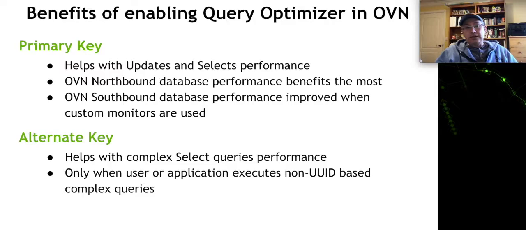For the alternate key, however, it can only benefit complex select queries, and anywhere where a user would execute non-UUID-based and non-primary-key queries. Whether those queries exist today, I'm not aware of, but it doesn't mean we may not need to introduce such queries if we have optimizer support for them. If it's fast, then why not?